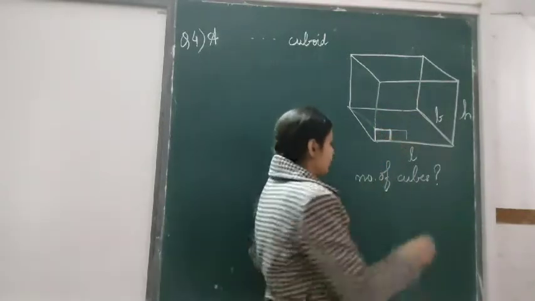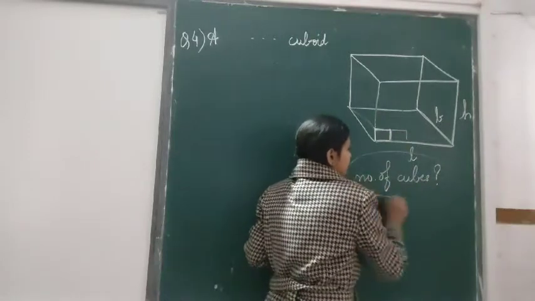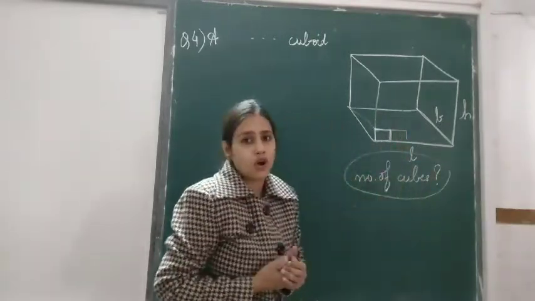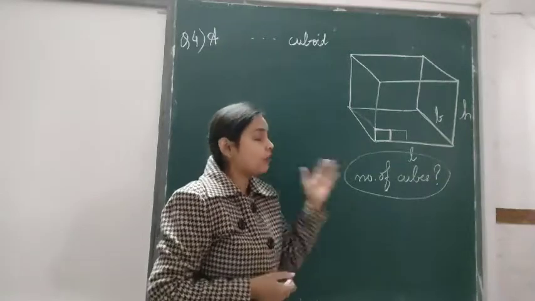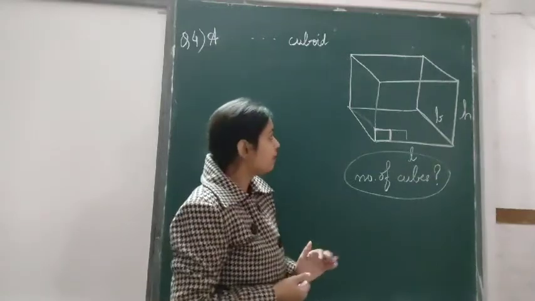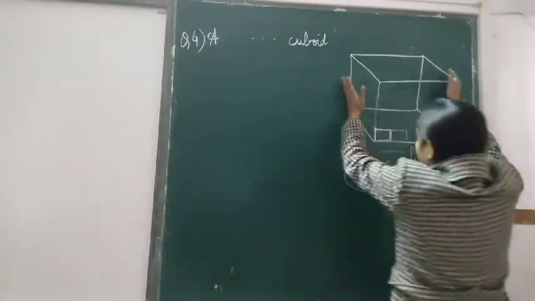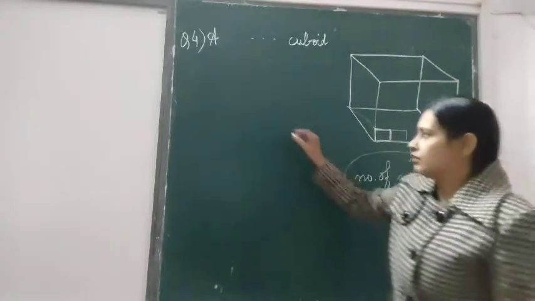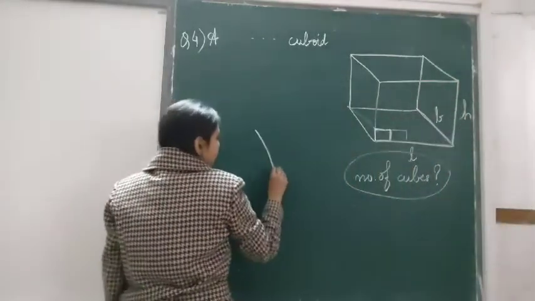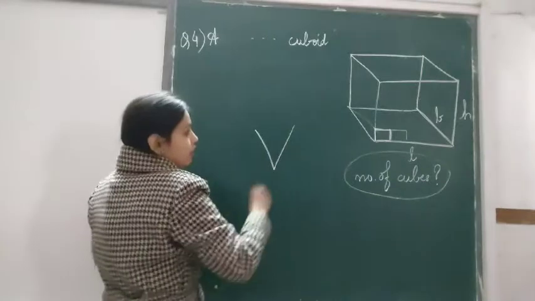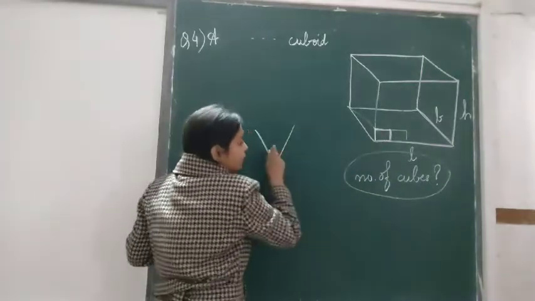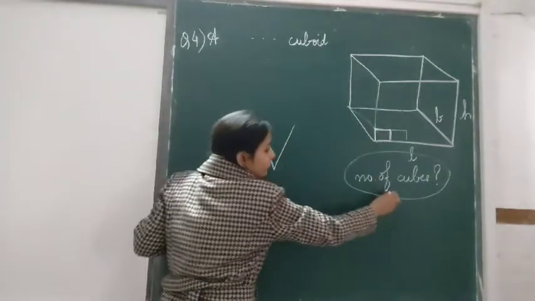But what is asked? Number of cubes is asked. So how to get that? Very simple. From this entire volume, we get the volume of the cuboid and we get the volume of the cube.